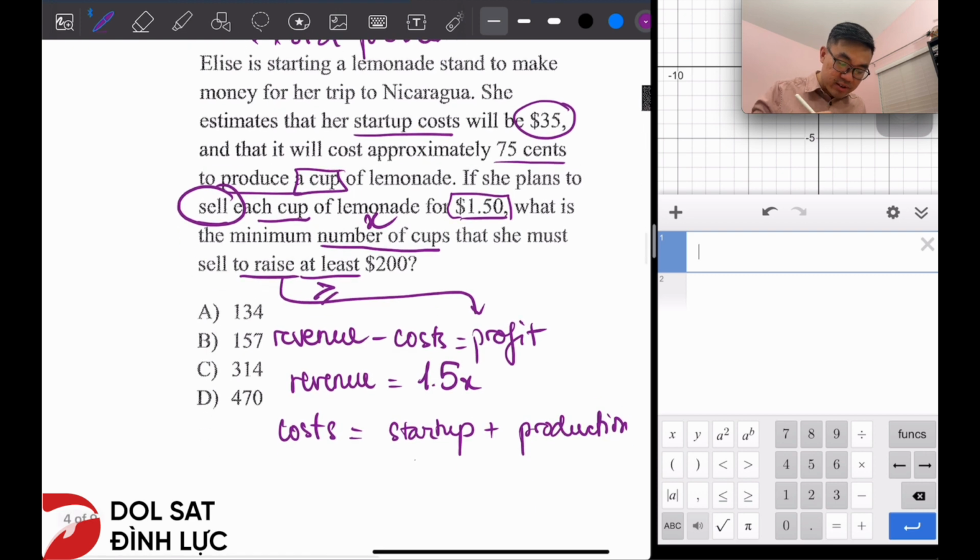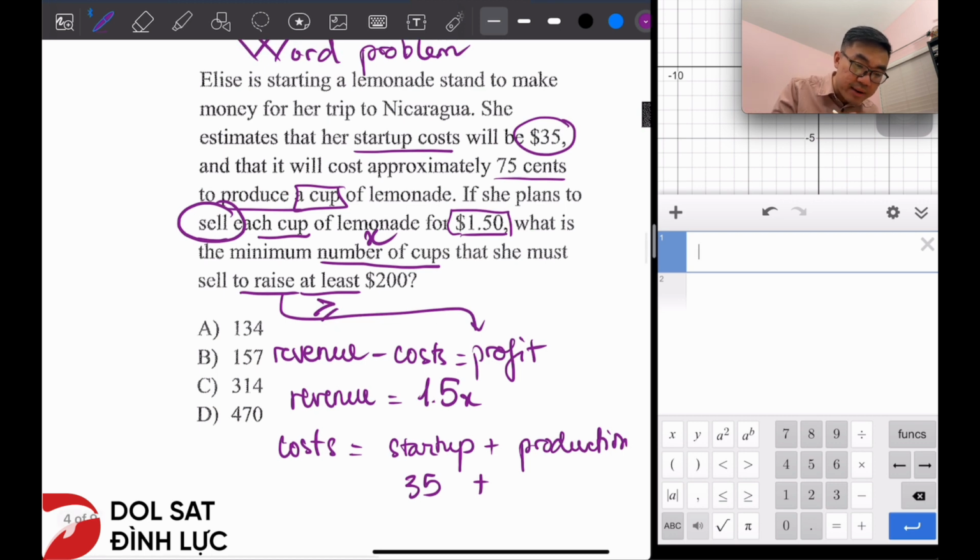Here we have the startup cost of $35. For the production cost, we know that it will cost her 75 cents to produce one cup, so for x cups she will need 75 cents times x. We need to convert that into dollars, so it's going to be 0.75 times x.